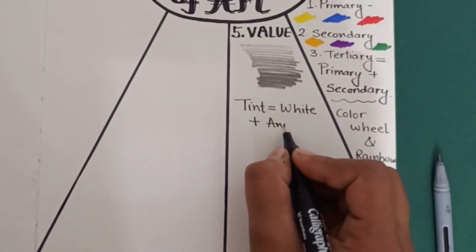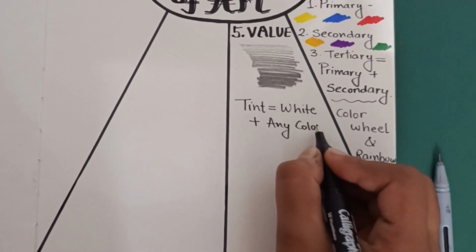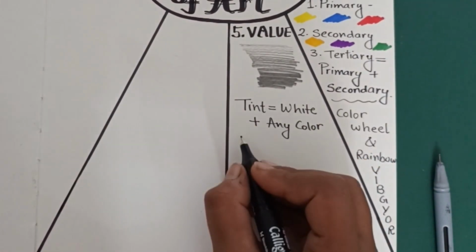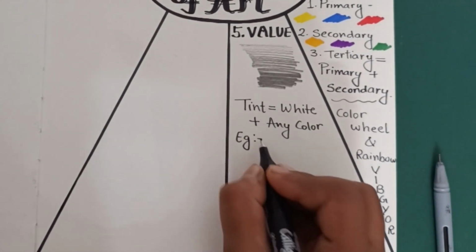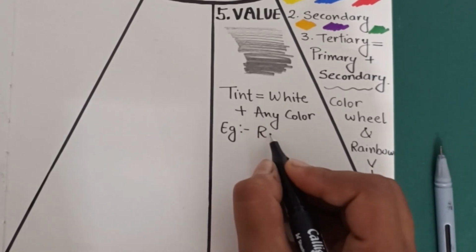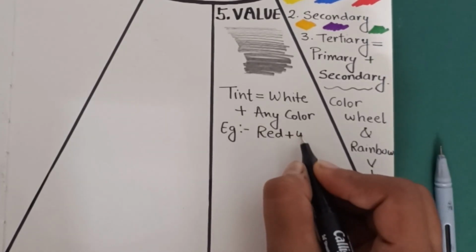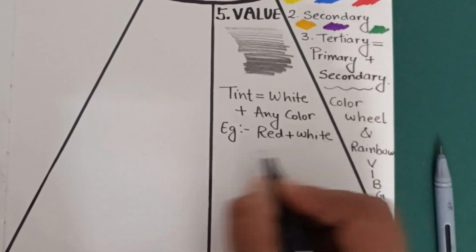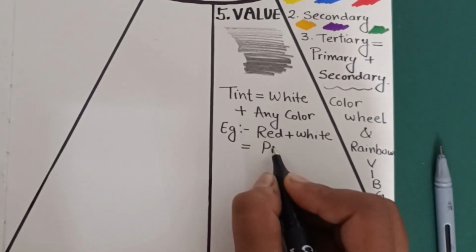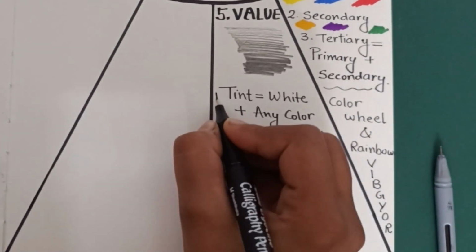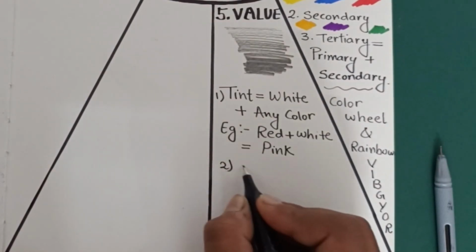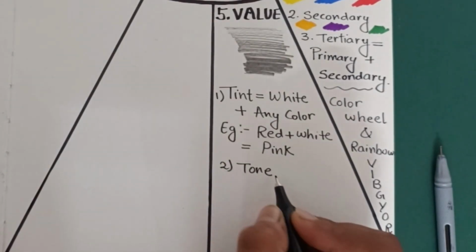So here two things will come in the value, which are tint and tone. In tint we always mix white with any color, and for example if we mix red and white, it will become a pink color. And for tone, you can just remember with the heaviness of the word tone, it's a dark value. Tint is a light value of a color and tone is a dark value of a color.